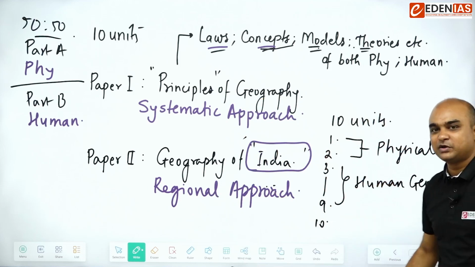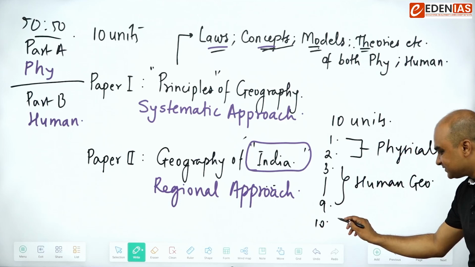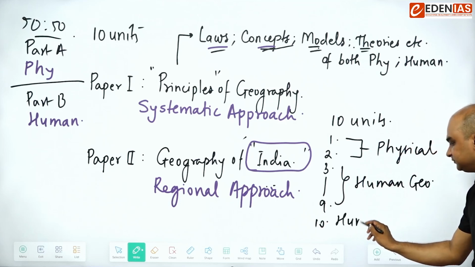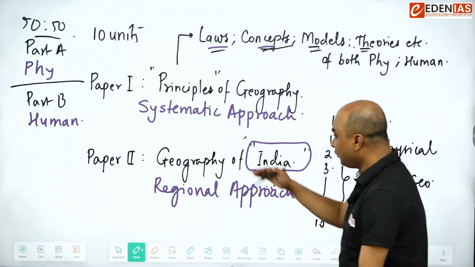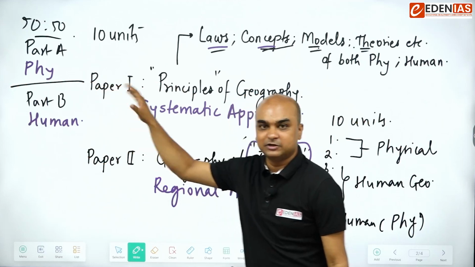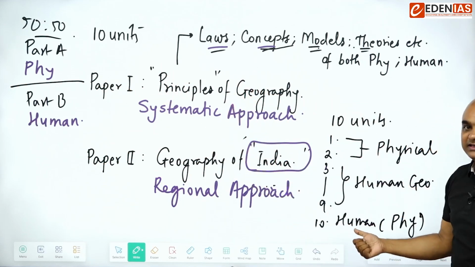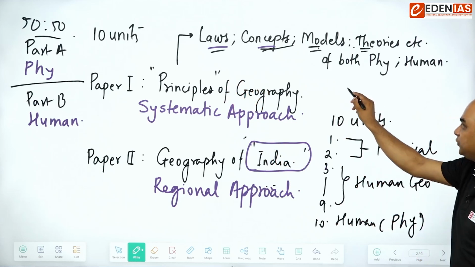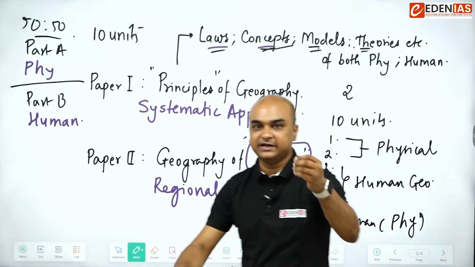The 10th unit is known as contemporary issues, but you will find that here also it is mostly human, but it also has some physical aspects with it. So unlike paper 1, where there is a 50-50 division between human and physical geography, in paper 2, that's not the case. Only 2 units are completely physical, which is India physical setting and resources.